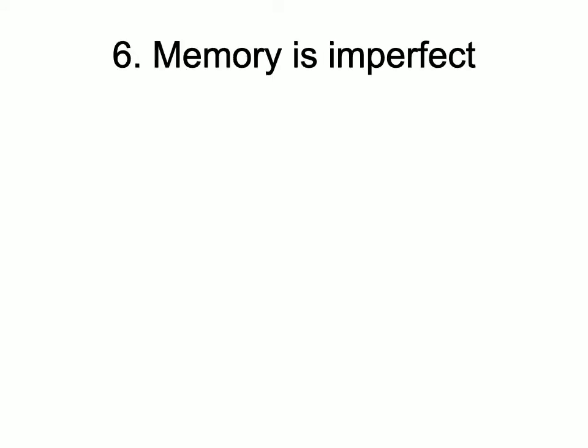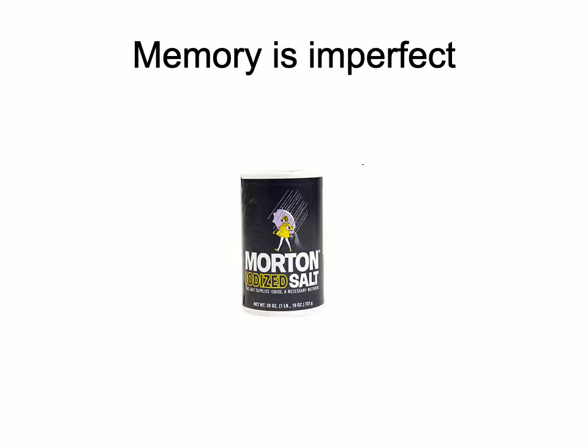Now, one reason why context and wording is so important is that people don't remember very well about the things that we might be interested in. Broadly, memory is very imperfect. And so that means there are certain kinds of questions that we want to be very careful how we ask. So if someone asked me, how much salt did you buy last year?